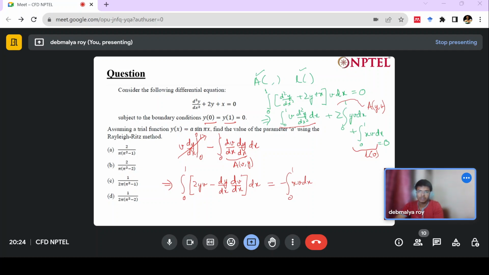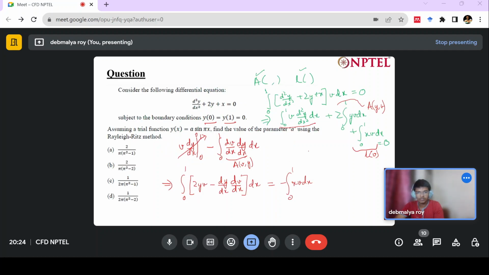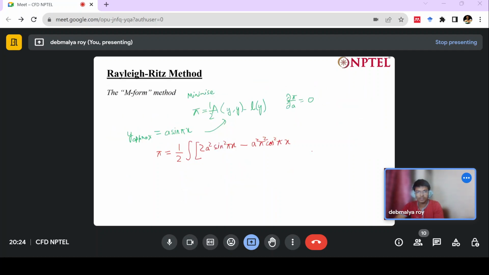This will be A pi cos pi x, right? This will be A pi cos pi x. So this is A square pi square cos square pi x. Please let me know if I am doing any mistake. Okay. So this completes the bilinear operator.